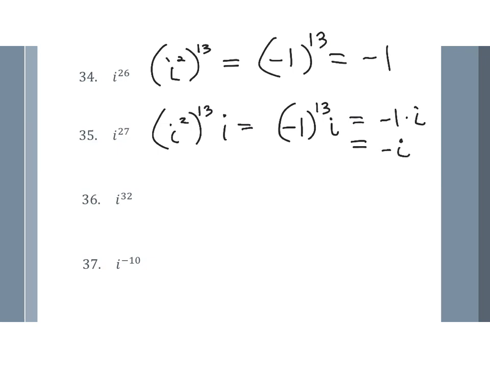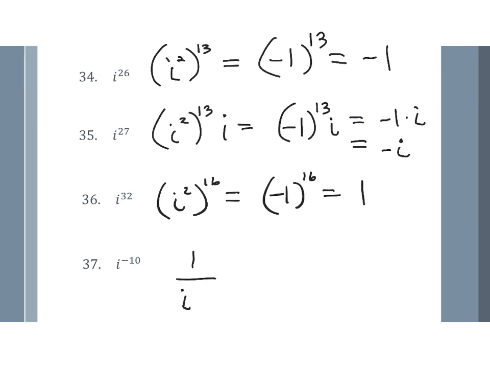For the i to the 32nd power, again, I could break this into i squared raised to the 16th. And that's going to be -1 to an even power. So that's +1. Again, remember, a negative exponent is going to turn it into a fraction. So I'm going to put it underneath the 1.